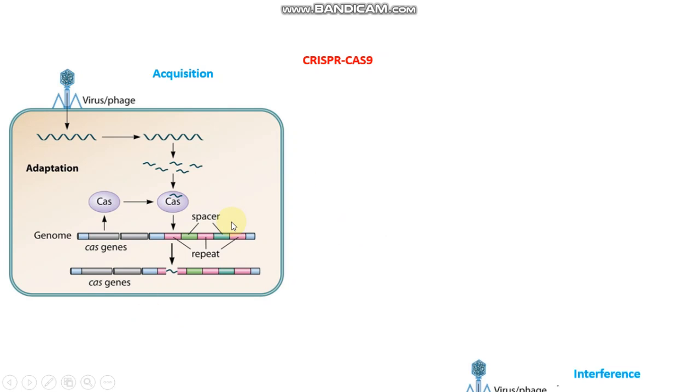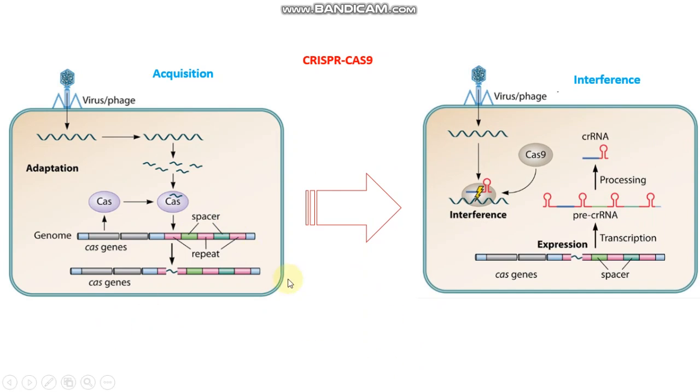This CRISPR DNA is transcribed to the precursor CRISPR RNA, and then it is processed into small segments of CRISPR RNA, and later this CRISPR RNA associates with the Cas9 system.